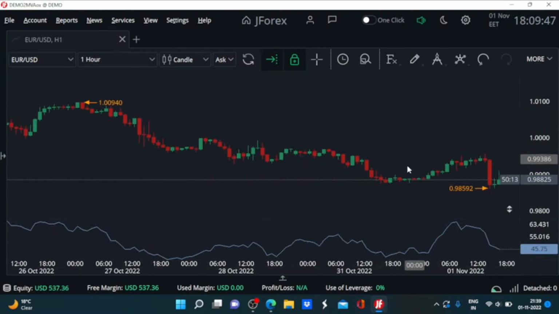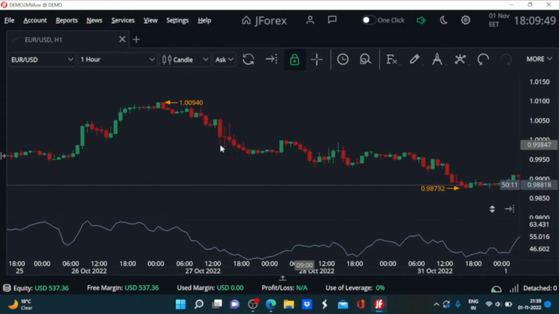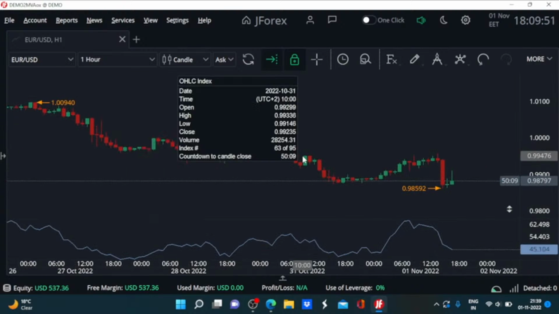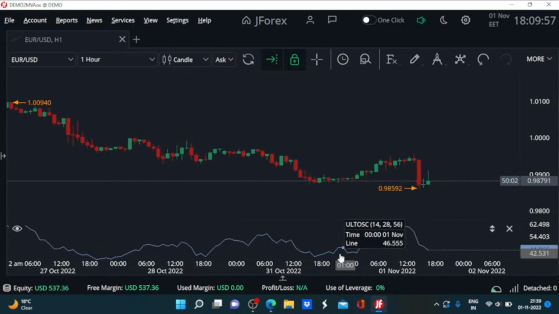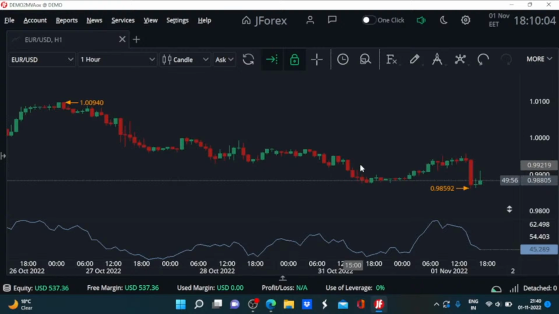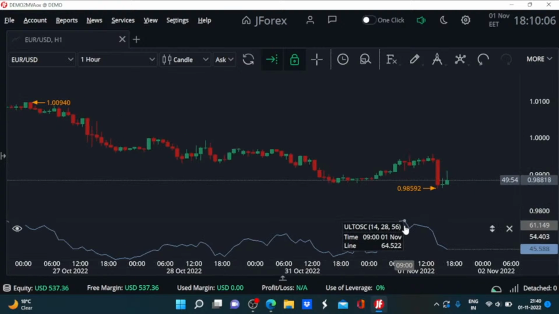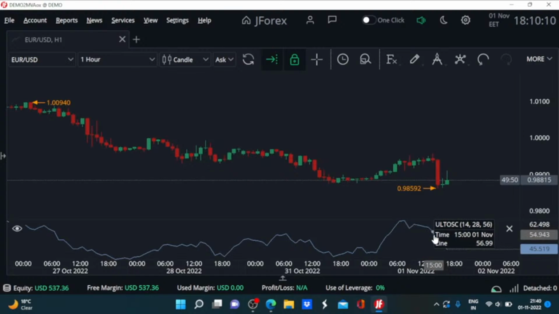So here this downward decline would not have resulted in too much of a loss, as we would have gone for this retracement move only sparsely. There were not many opportunities to go against the trend, but there were some opportunities to go with the trend, as we can use 50 as a critical marker.